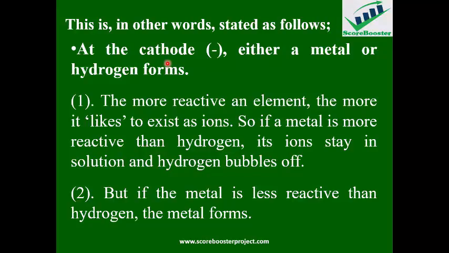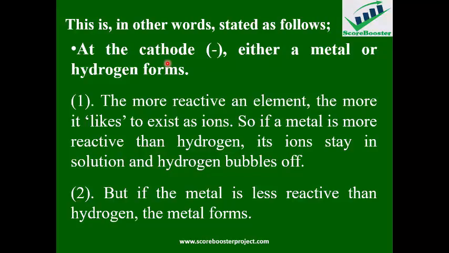What I'm saying is this: if you have a metal that is above hydrogen in the electrochemical series, let's say sodium chloride now, you have sodium ions, then you have hydrogen ions. Sodium ion is higher than hydrogen ion in the electrochemical series. Then hydrogen is discharged because of the relative position in the electrochemical series.